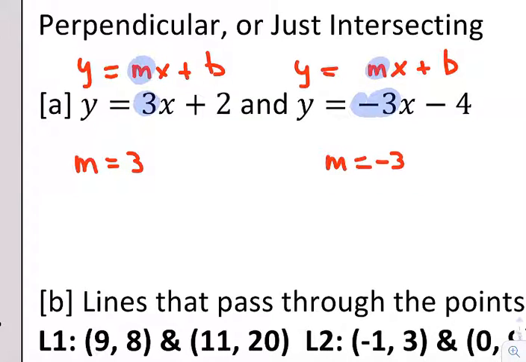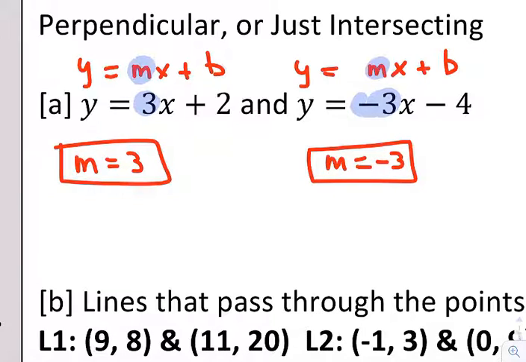That's the skill part over. Now the reasoning part, what we have to interpret: now that you have the slopes, what do you do with them? If we have a slope of 3 and a slope of -3, we can call those opposite numbers, but they don't fit into either the parallel or perpendicular category, because parallel would mean the slopes are the same, and perpendicular means opposite reciprocals. So this is going to be neither, or just intersecting.